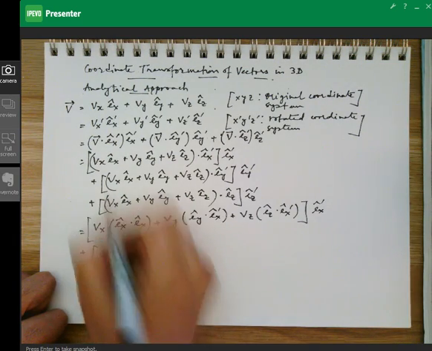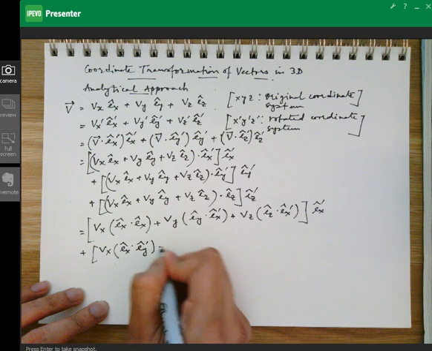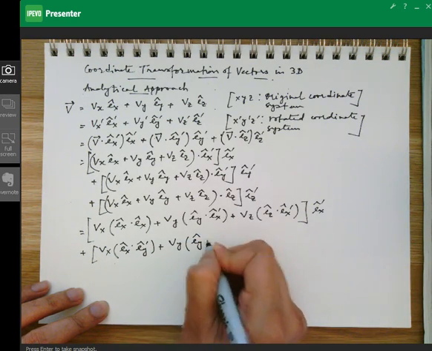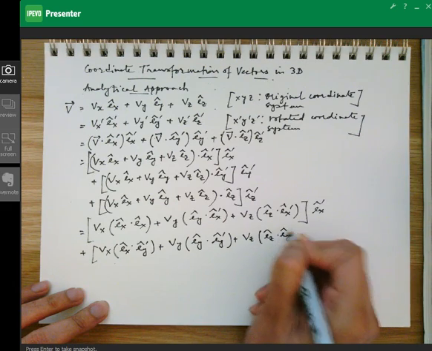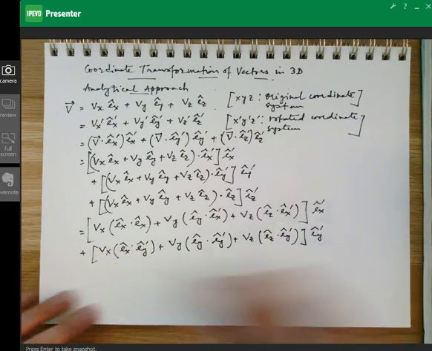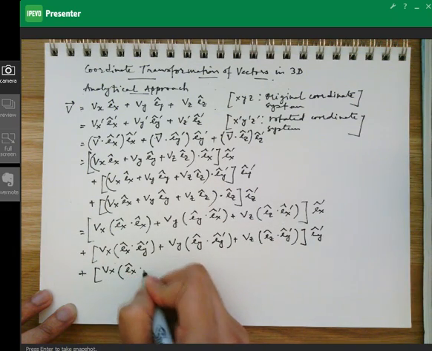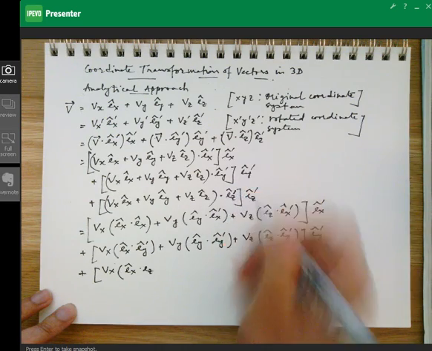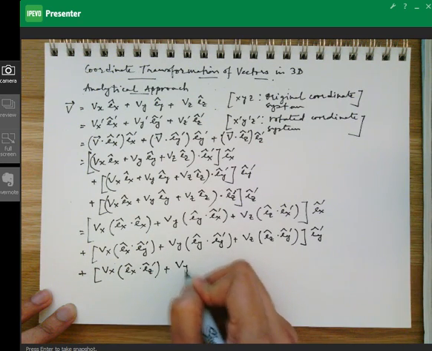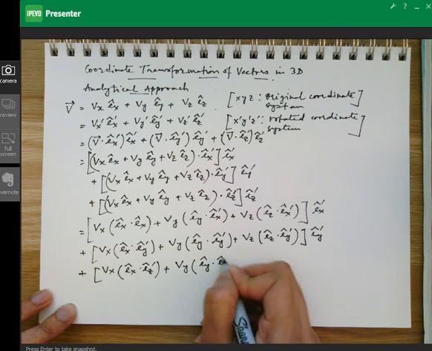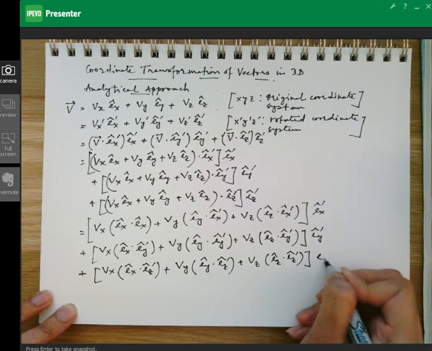Plus again vx, we dot ex with ey prime, plus vy ey with ey prime, plus vz ez with ey prime, and this ey prime is outside. Plus again the last one, vx ex dotted with ez prime. Here it's ez prime, guys, I made a mistake here. So dotted with ez prime, plus vy ey dotted with ez prime, plus vz ez dotted with ez prime, and ez prime is outside.